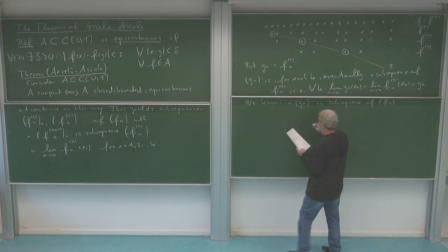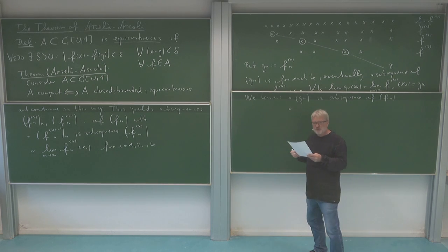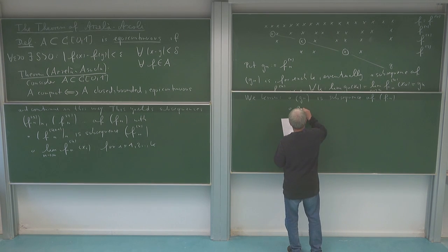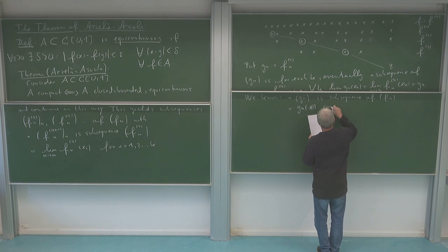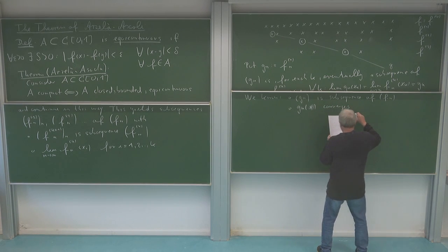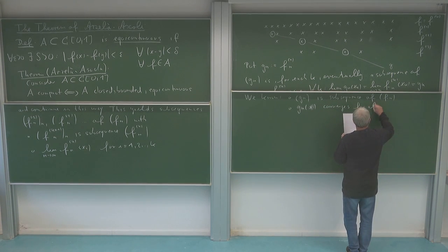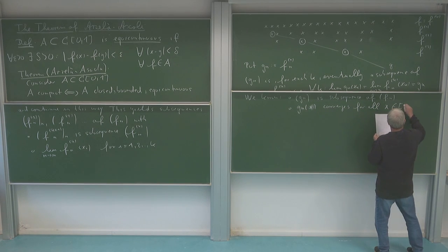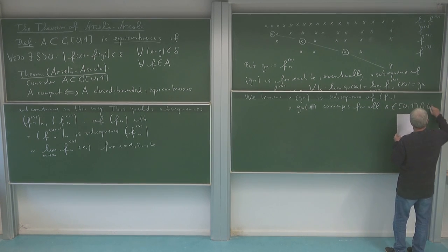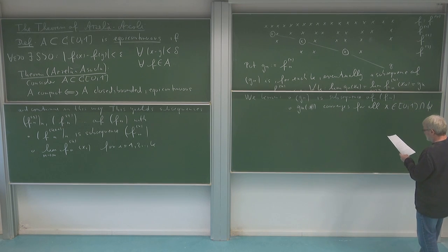Okay, and it has some good convergence behavior, but for the moment only at rational points. So the Gn of x converges, but for the moment we know this only for all rational x in the interval 0 to 1. So for x in 0, 1, but only the rational ones, so the xi's.